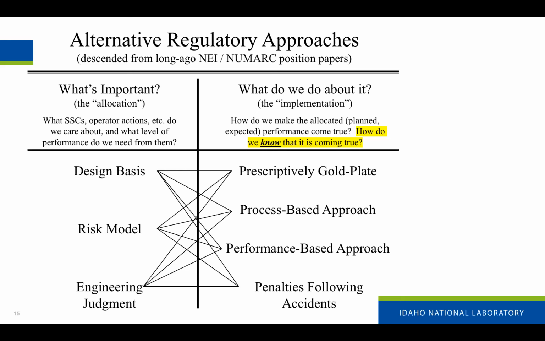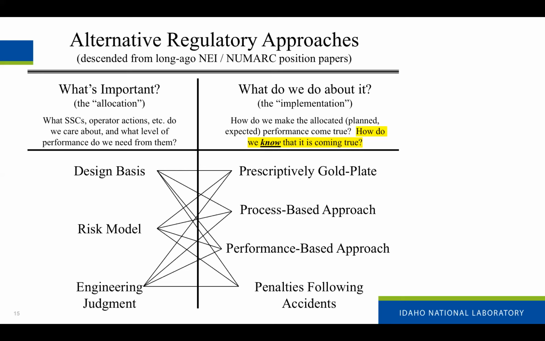Classically, one way to do that is by imposing things like in-service testing requirements or in-service inspection requirements and a lot of stuff. And of course, performance-based approaches are part of that.